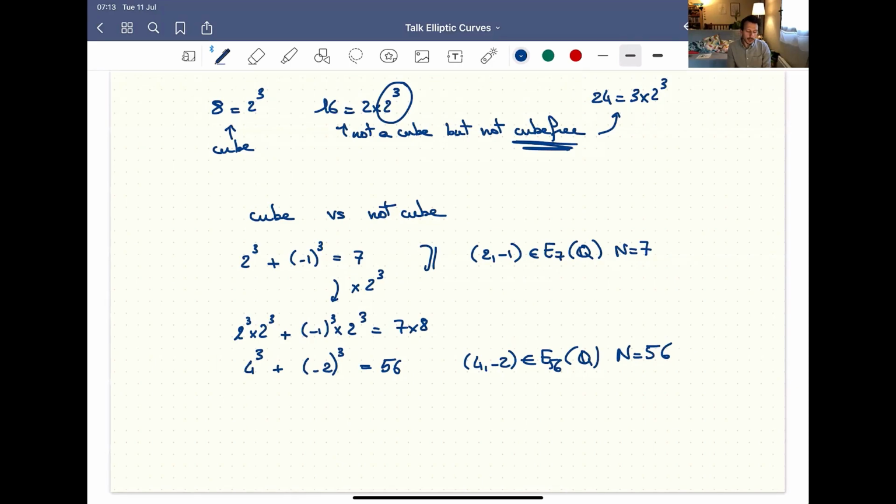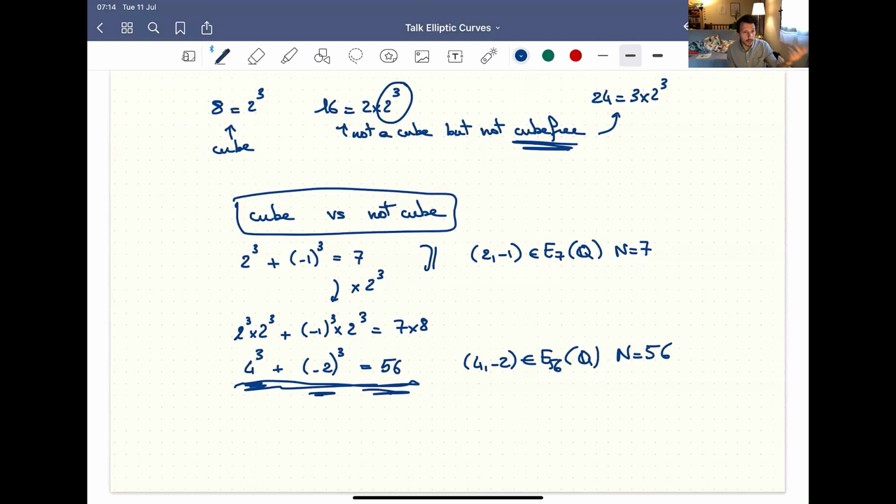But we cheated a bit here because everything in this relation is divisible by 2 and actually by 8. And I guess this is where this distinction cube versus not cube is not enough if you want to do some interesting arithmetic. Because here, the problem is not that 56 is a cube or not. It's just the fact that it's divisible by 8, which is a cube, which is important.